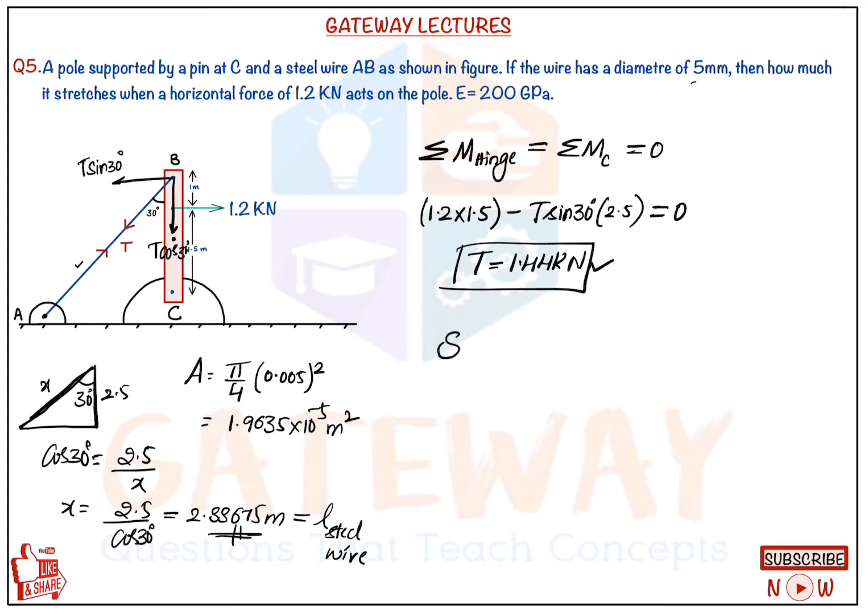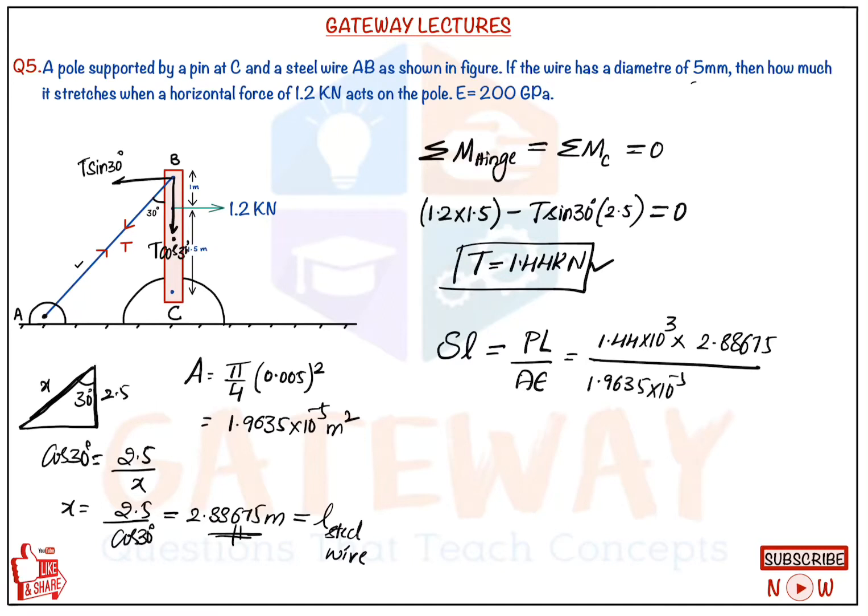The stretching, delta L, is equal to PL upon AE. P is the tension, 1.44 kilonewtons, and the length is 2.88675 meters, divided by the area, 1.9635 into 10 power minus 5 meter square.